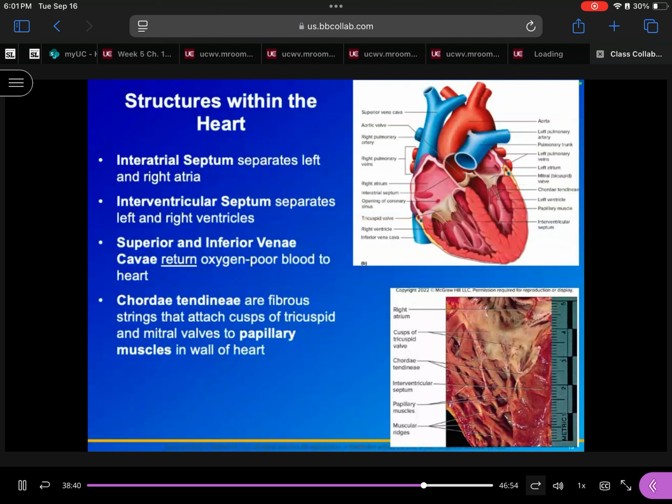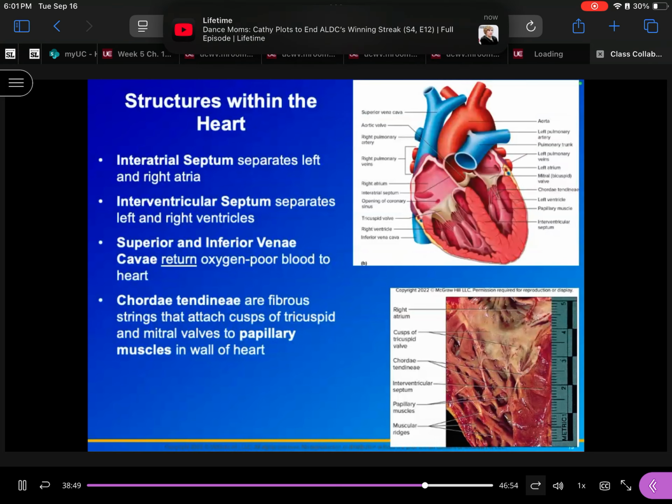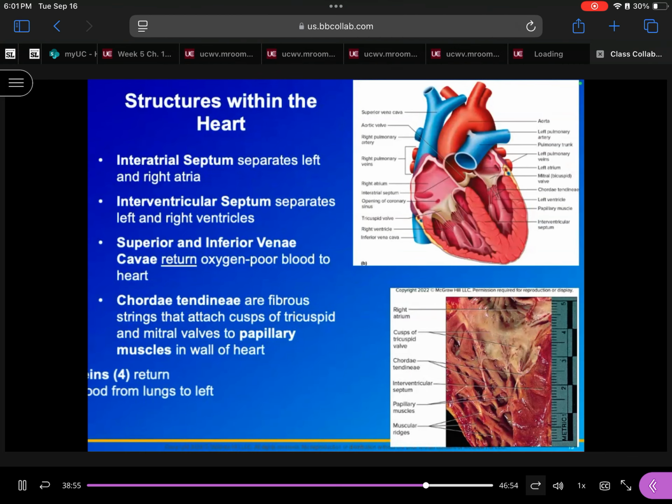Okay, we talked about how we have the superior and inferior vena cava. They are going to be returning oxygen-rich or oxygen-poor blood back to the heart? Oxygen-poor blood, because that was coming from the body tissues. It's probably CO2-rich, but oxygen-poor. And then we have the chordae tendineae, which I mentioned before, which you can see in this picture. It's kind of cool.